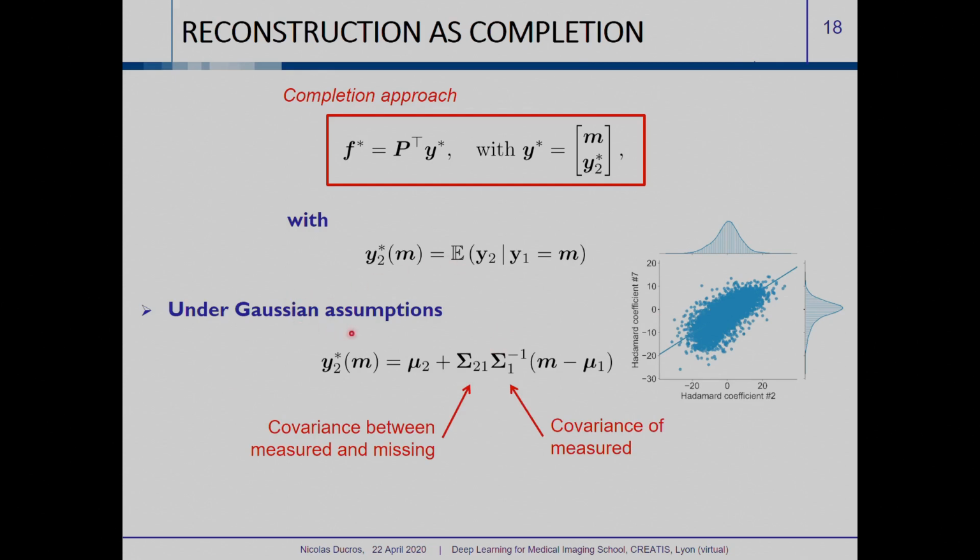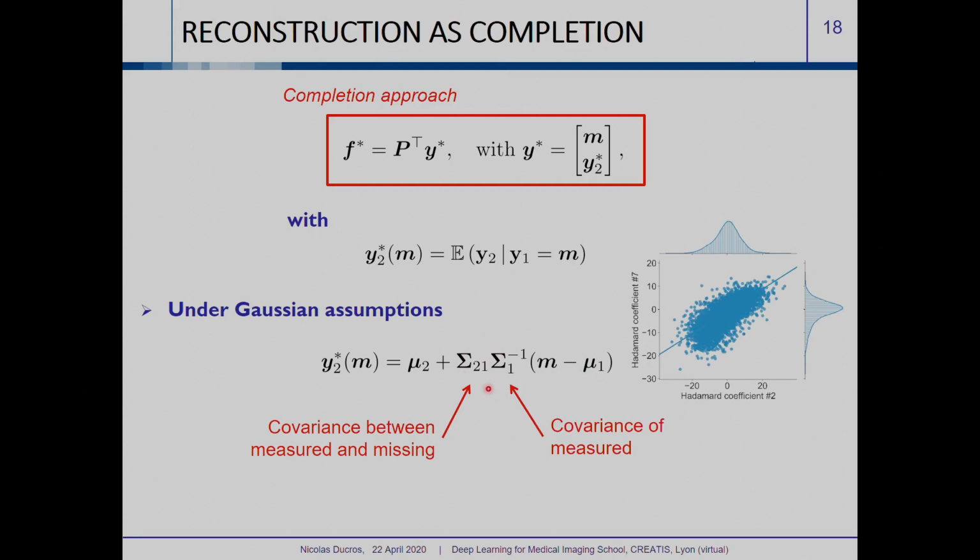Under Gaussian assumptions, we have an analytical formula for this conditional expectation, and actually it corresponds to the minimum mean-square estimator. This is given by, here we have m minus mu1. Mu1 is the mean of the acquired coefficient, so we center the acquired coefficient. We divide by the covariance of the measurement.